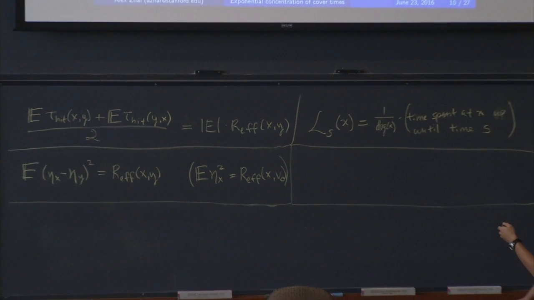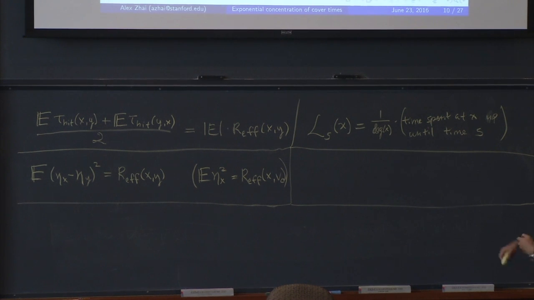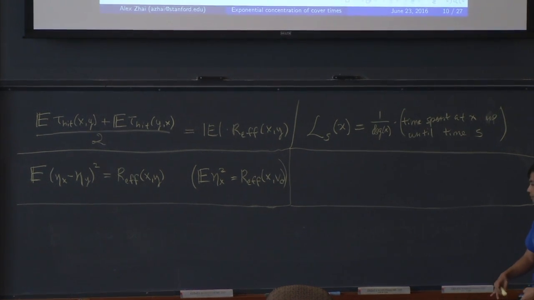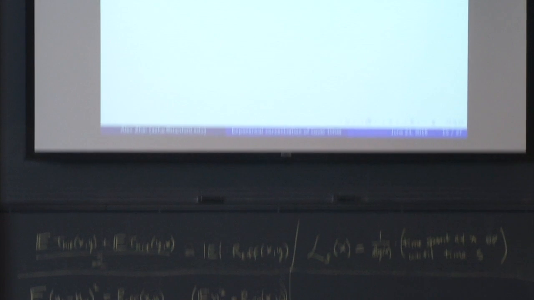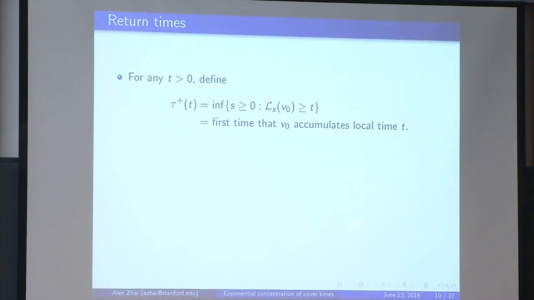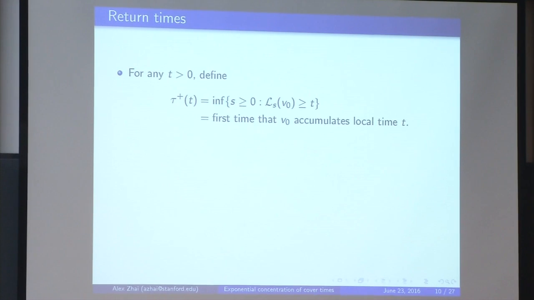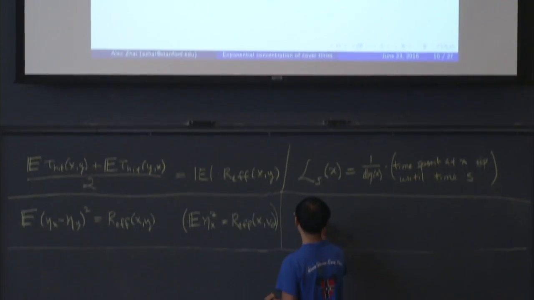tau plus of t. For any time t, I'm going to define tau plus of t to be basically the first time that v naught accumulates local time equal to t. So I'm going to keep running my random walk until I notice that I've spent at least time t at v naught. Okay, so let me write that down as well.